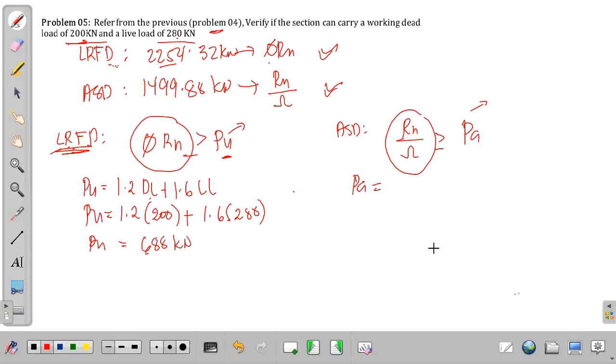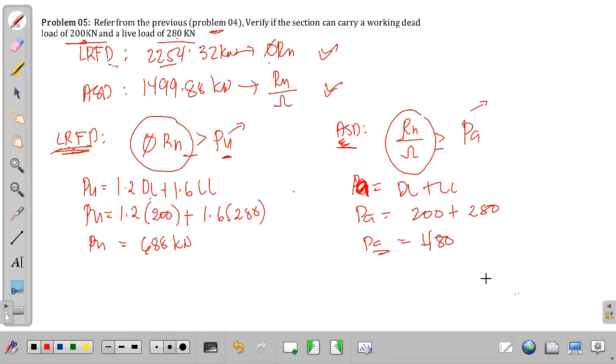And for the actual load, if we are going to solve using ASD, that is the dead load plus live load. So yung PA natin is 200 plus 280, that is 480. That is our actual load.